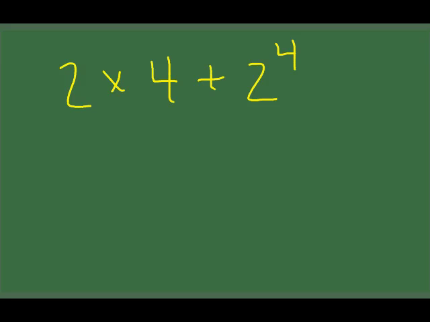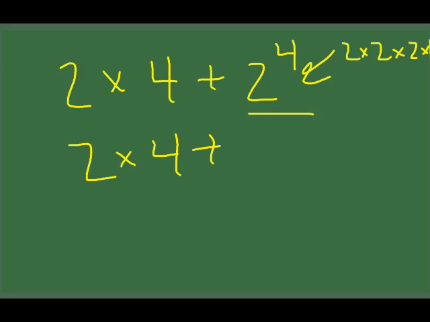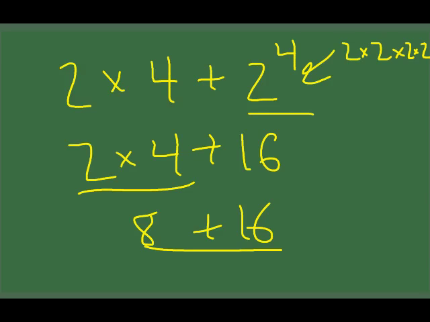So why don't we go ahead and do the exponents first, underline there. 2 times 4 plus, remember this expanded out would be 2 times 2 times 2 times 2, right? Which is 16, right? And now our multiplication would come next. And then finally my addition.